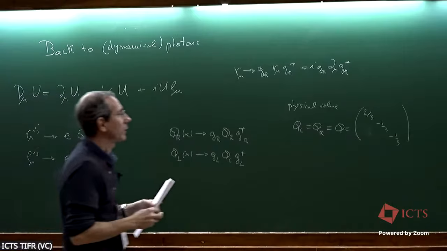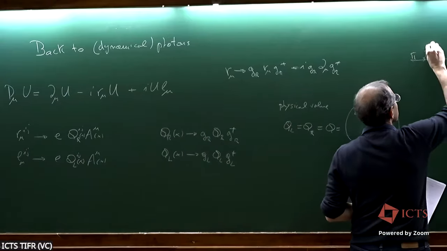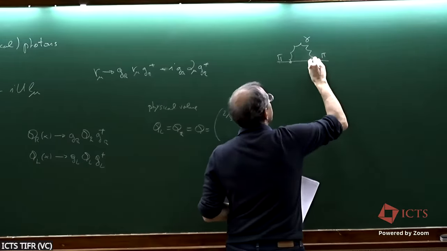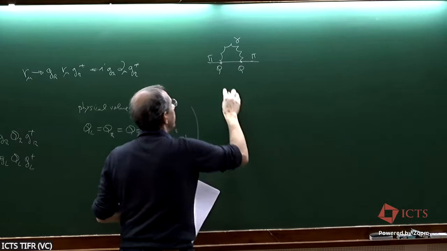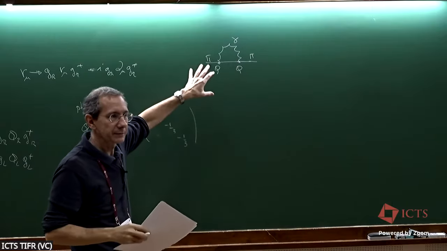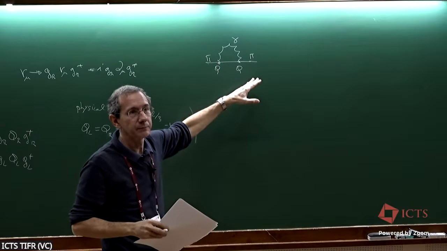For instance, when I look at a diagram like this, where I have the pion and here my virtual photon, here I have my Q. If this Q would transform, this object would be invariant. Then when I freeze it, I get what I want in QED.